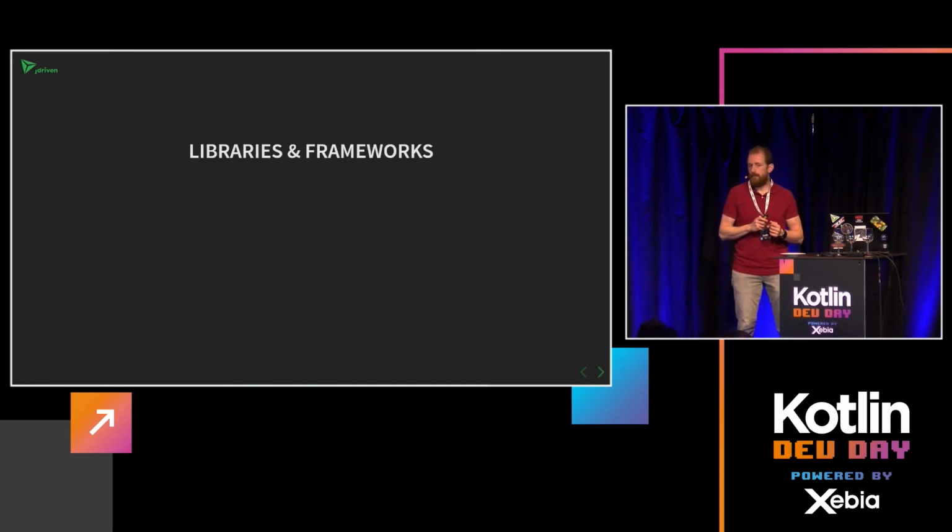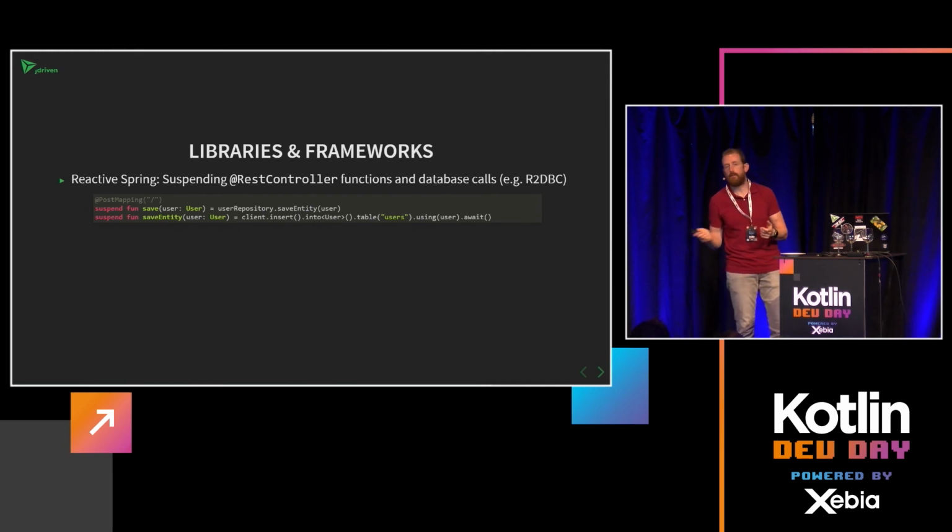So hopefully you can find a way of doing everything front to back in a non-blocking way. Of course there are also libraries and frameworks to help you with that. For example, if you're using reactive Spring, like Spring Webflux or Spring R2DBC, you can be fully reactive and using Kotlin Coroutines in between. That means that your REST controllers can be suspending functions.